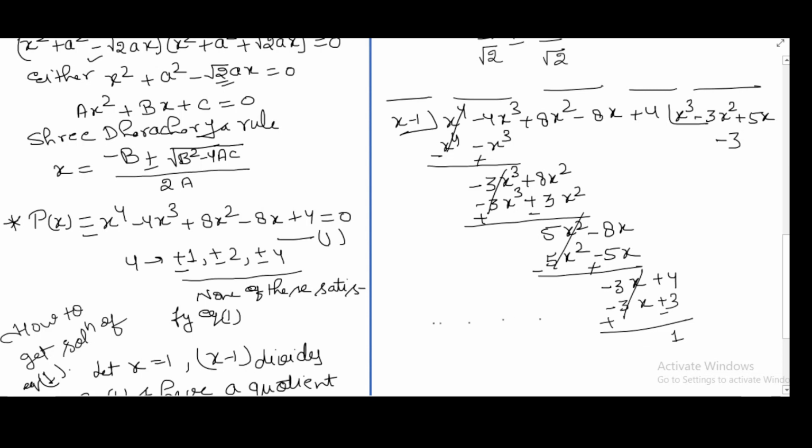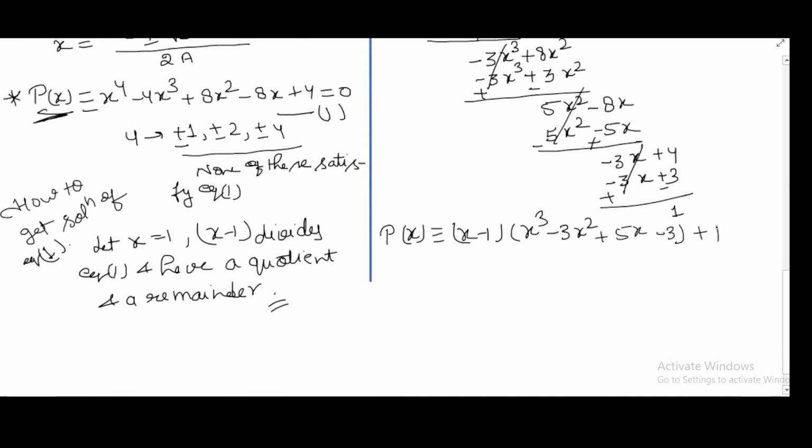Now using the remainder theorem, this was initially p(x). Here you can see this was p(x). Okay, so p(x) can be written as x minus 1 multiplied by x cube minus 3x square plus 5x minus 3, plus 1.